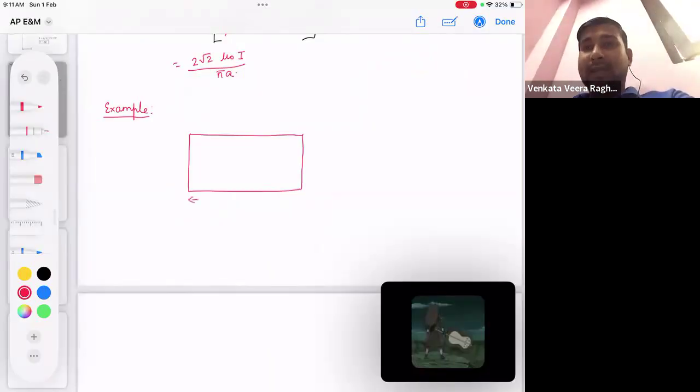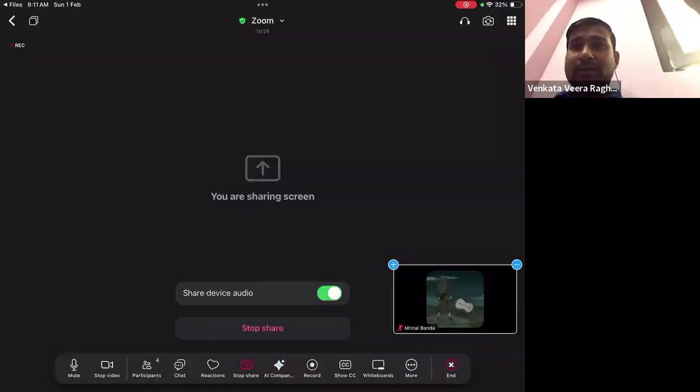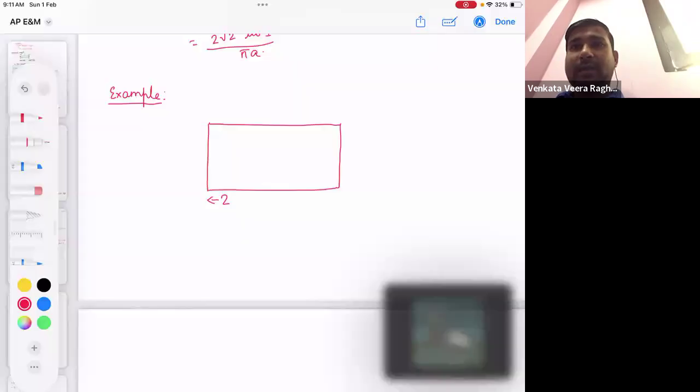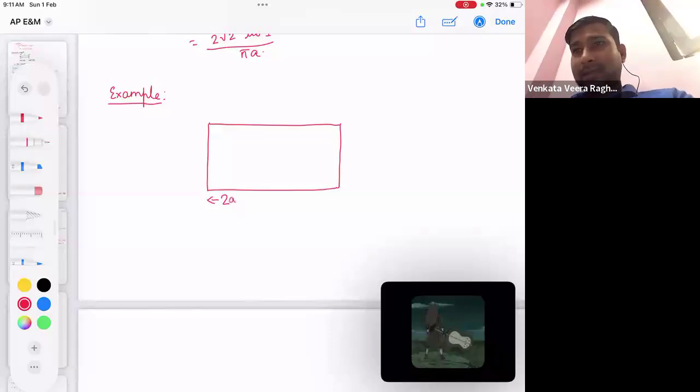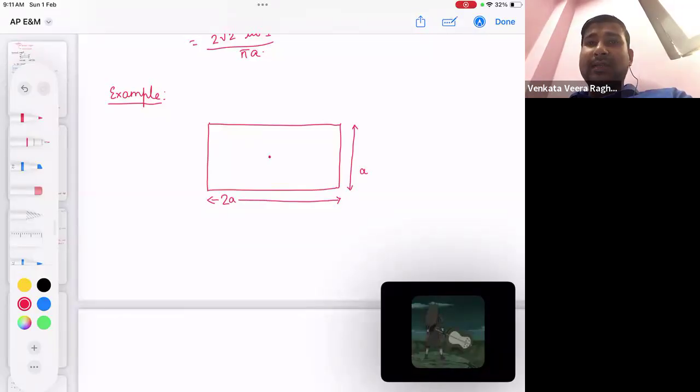Let's say this side of the rectangle is 2a, the other side is a, and this is the center where we want to calculate the magnetic field. Current is given in this direction, clockwise or anti-clockwise, and the current flowing is I.